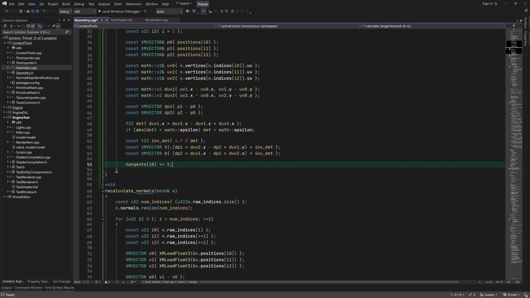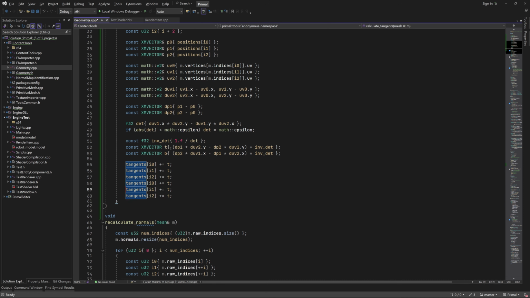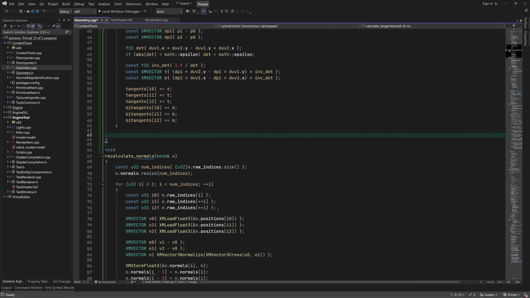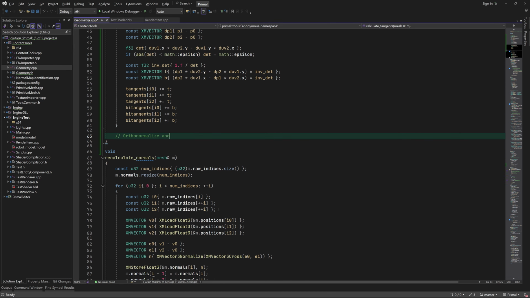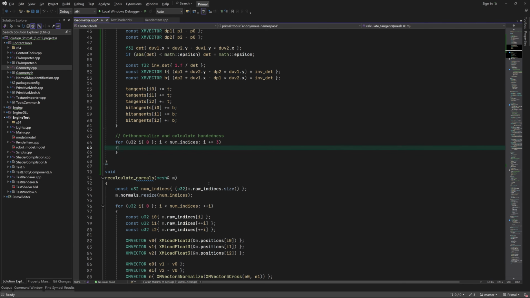Finally, we add the resulting vectors to the tangent and bitangent vectors of all three vertices. The last step is to orthonormalize the vectors and determine the handedness of the tangent frame.